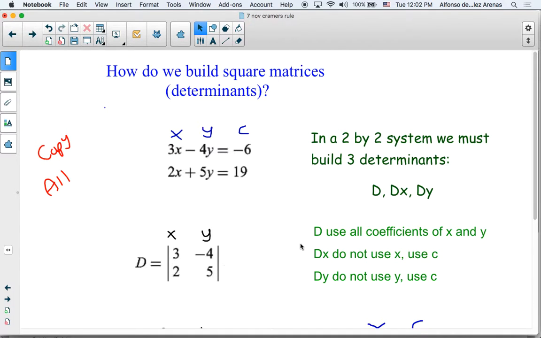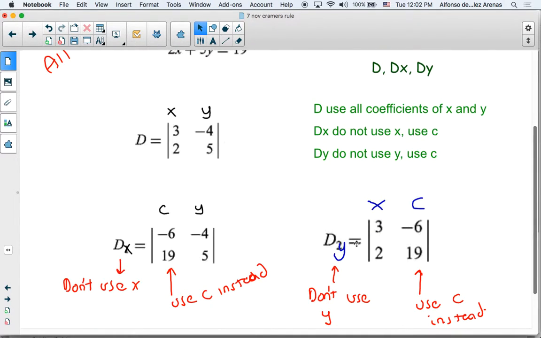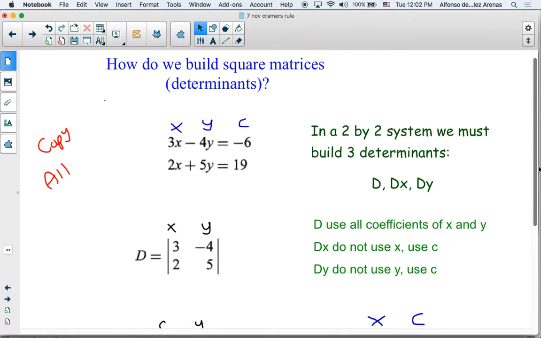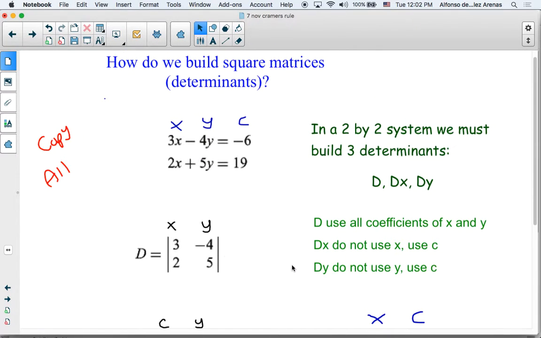Then there will be, besides D, dx and dy. So to solve this little system, you need to build 3 determinants and evaluate the 3 determinants. So copy all that now.